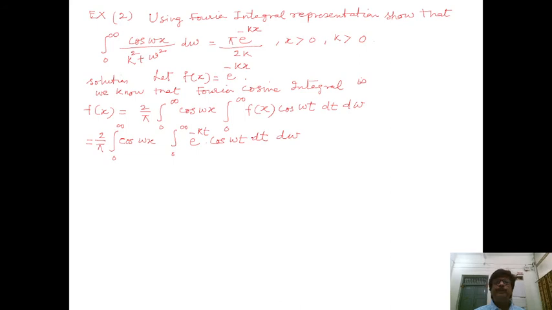Once again, the function is expressed in terms of t. One more thing I would like to tell you: I will use the formula integral e raised to power ax into cos of bx dx is equal to e raised to power ax upon a square plus b square into a cos bx plus b sin bx.